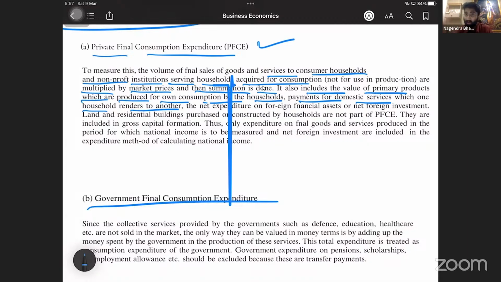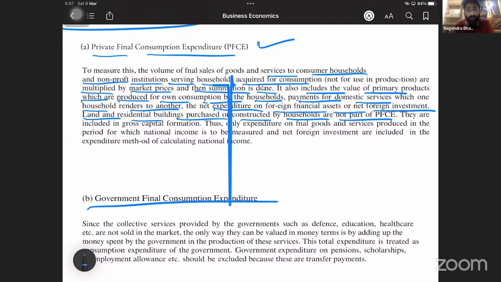I can take this from another household as well. That is also included. The net expenditure on foreign financial assets or net foreign investments, land and residential buildings purchased or constructed by households are not part of PFCE. What is PFCE? Private final consumption expenditure.